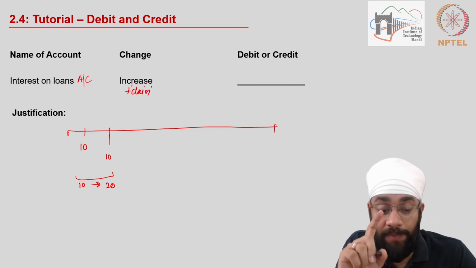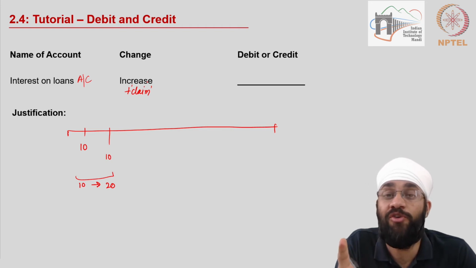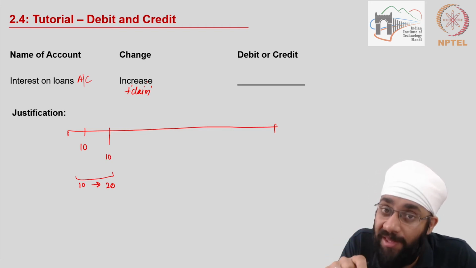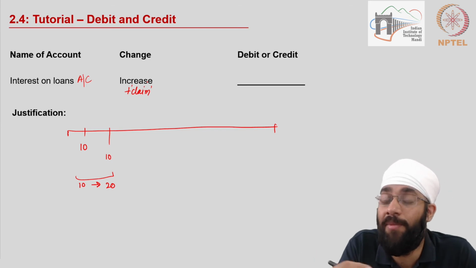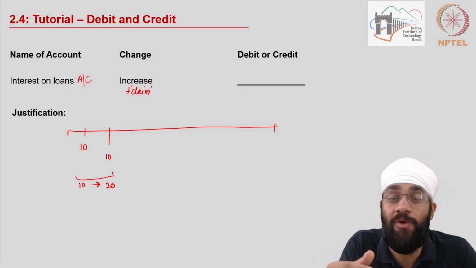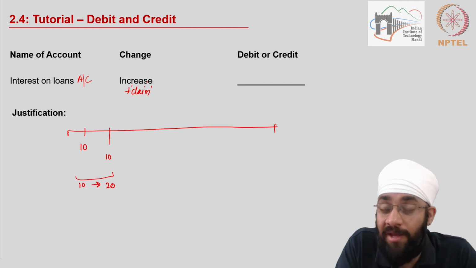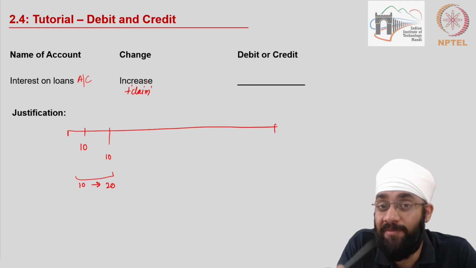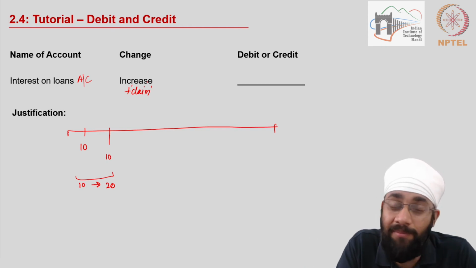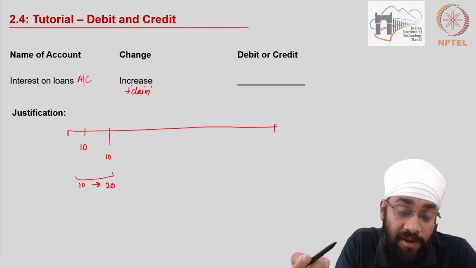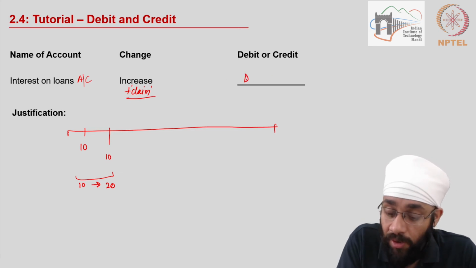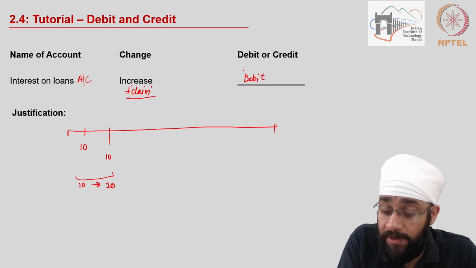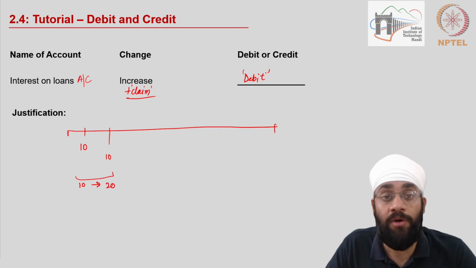As long as you are paying the interest, you are eligible to use the loan. If you stop paying the interest, the bank will stop this service and they will demand repayment of the loan from you. Or if it is a secured loan, which means you have given paperwork or transferred ownership temporarily to the bank, the bank can sell it off under the contract of the loan. So this is increase in the claims of business. All increases in the claims are shown by the word debit.